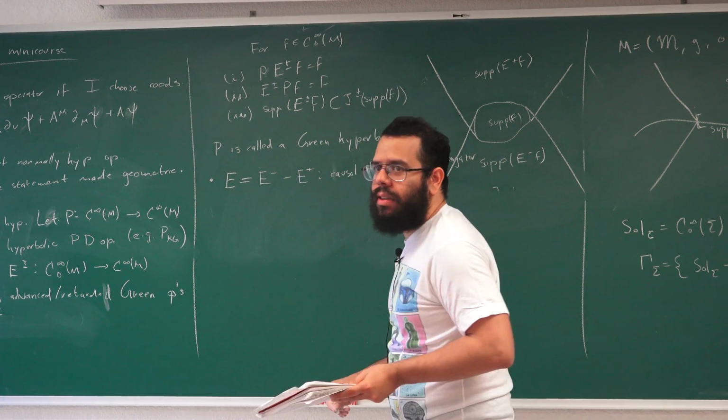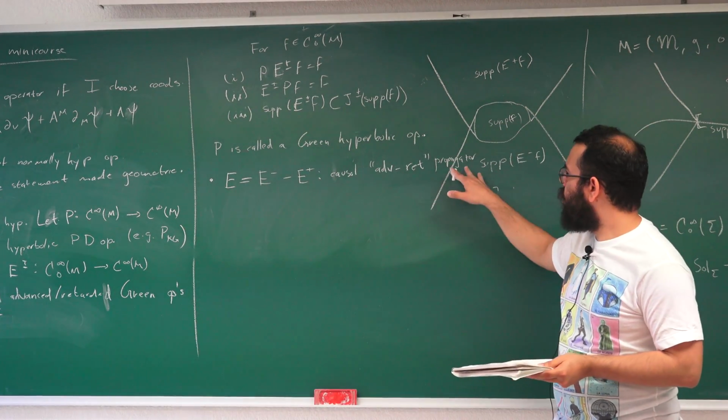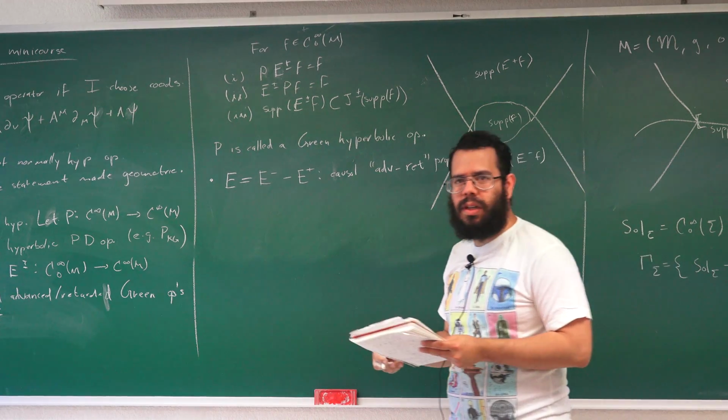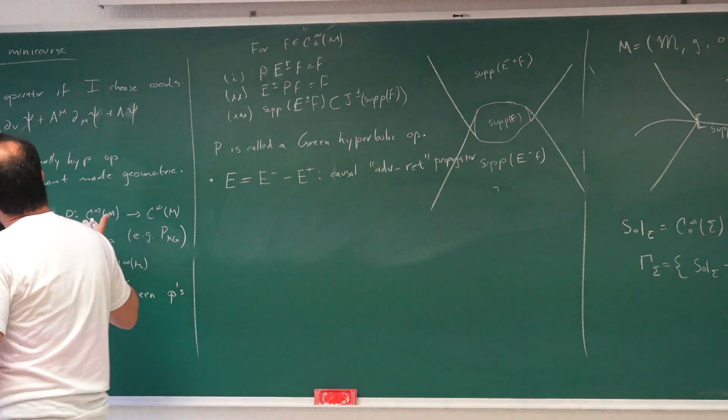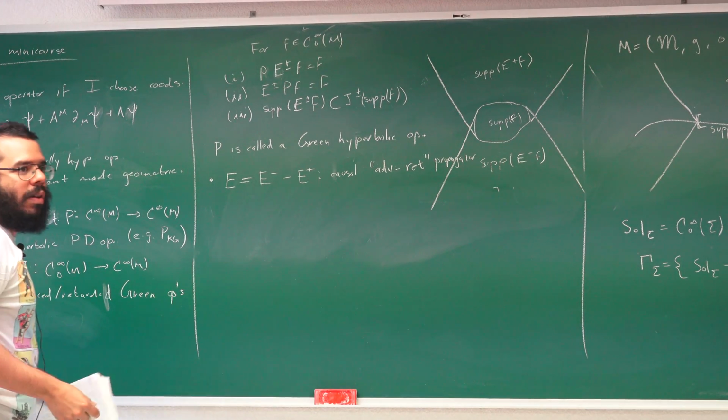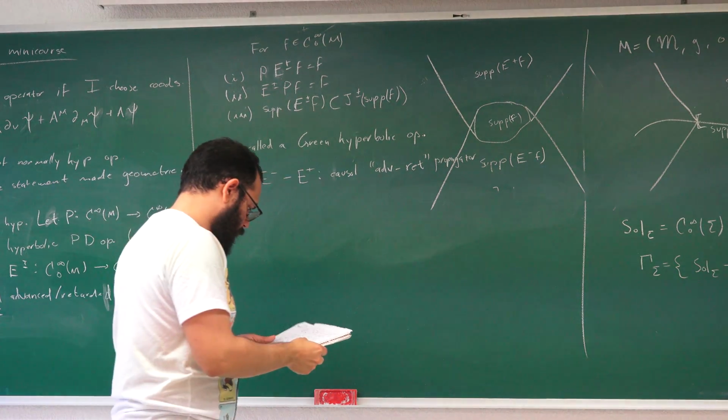So far everything is classical field theory, right? Even if it has the word propagator, it doesn't mean it's a quantum object. Okay, it's a classical beast that appears in the theory of classical hyperbolic PDEs, right?